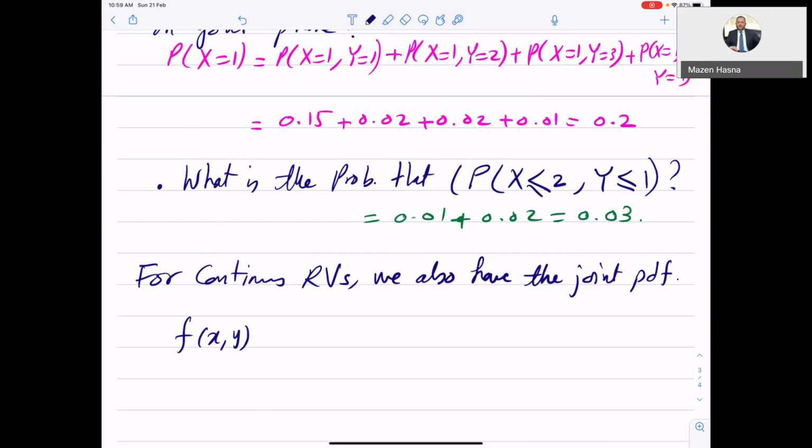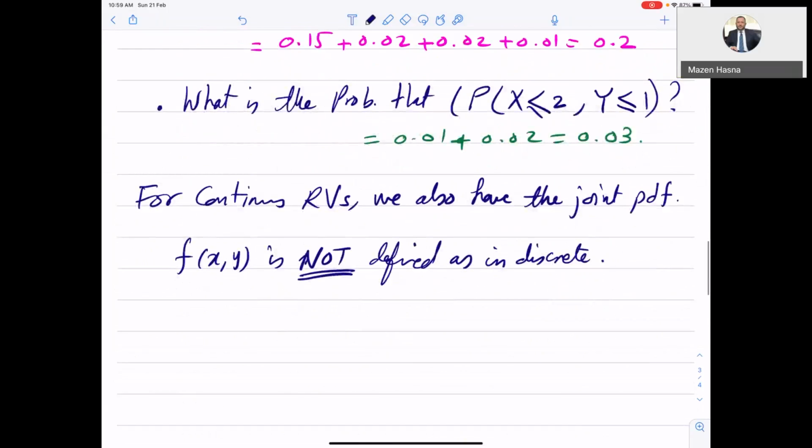And here again, f of x and y is not defined as in discrete, meaning that it's not probability that x equals x and y equals y.